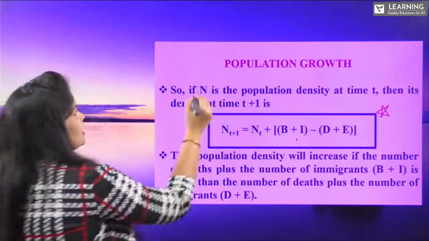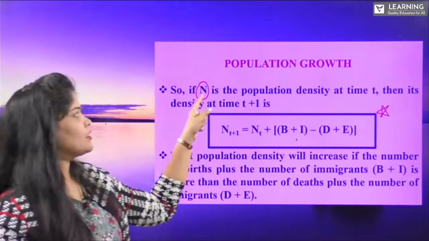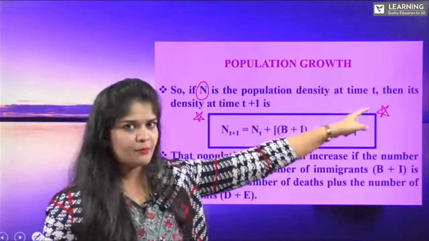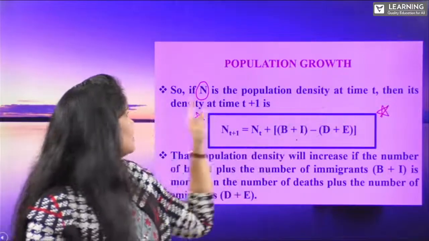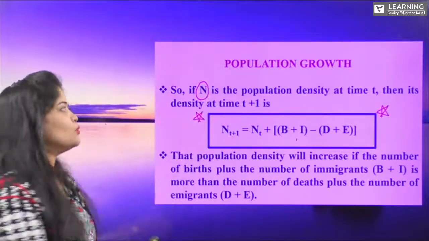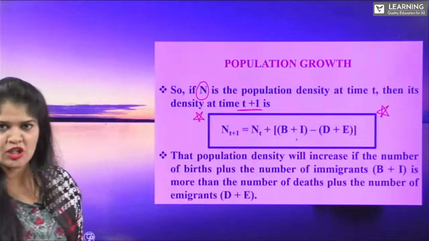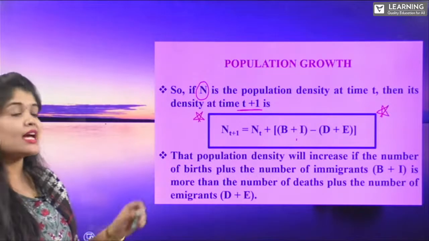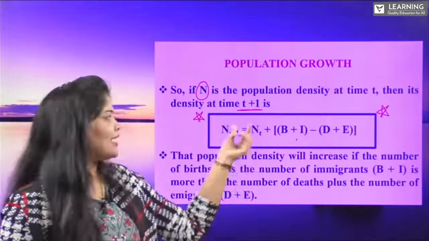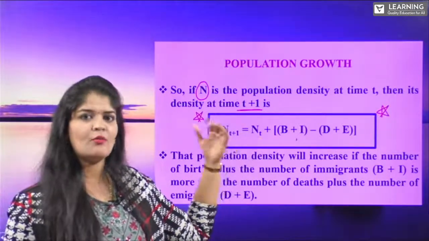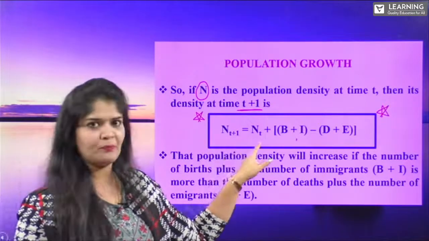So here, if N is a population density at time t, this is the population density at initial time t. Then t plus 1 is a new time period for which we need to express the population density. So the population density at the time t plus 1 would be its initial population density, that initial time being represented by small t.